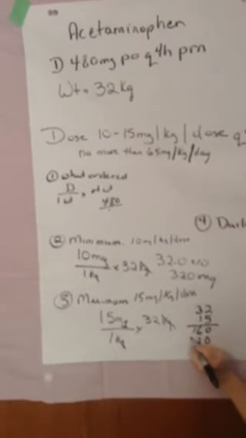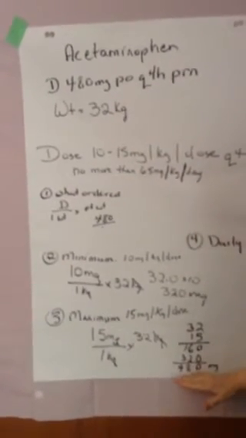Leave a 0 there. 2 and 3. 0, 8, 4. So 480 milligrams is our maximum dose that we can give per dose. Okay, so we're at the top, aren't we? It's safe to give, but it's 480.